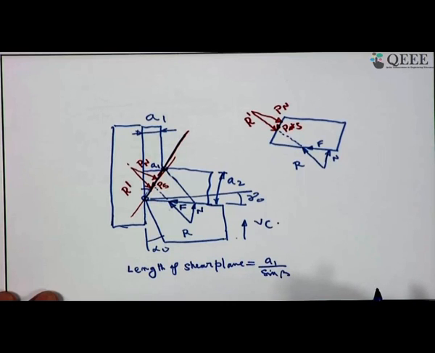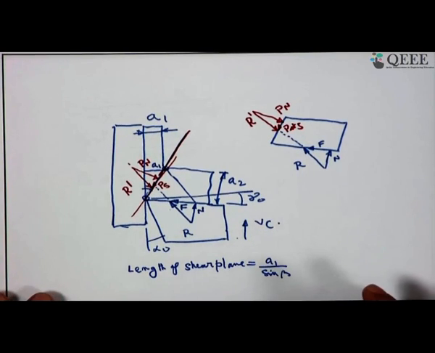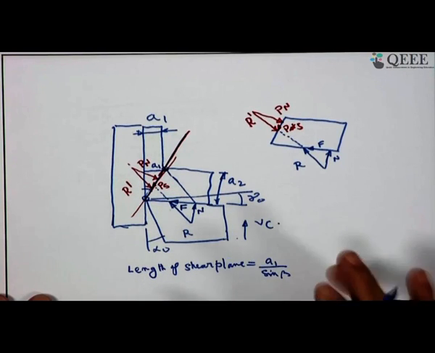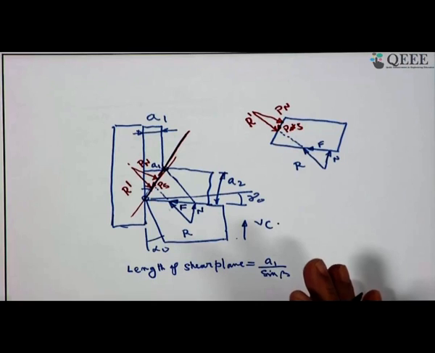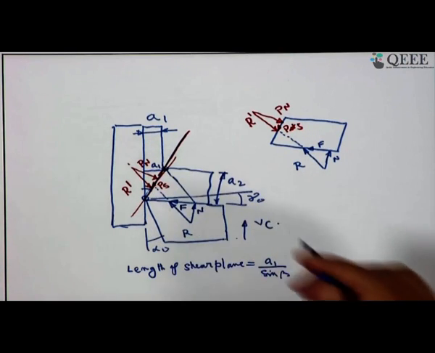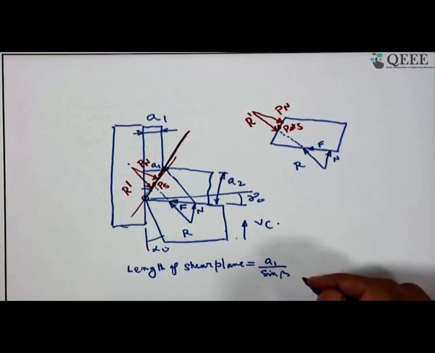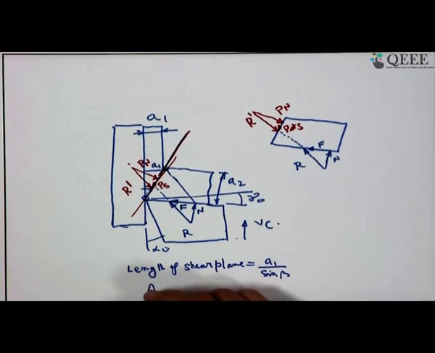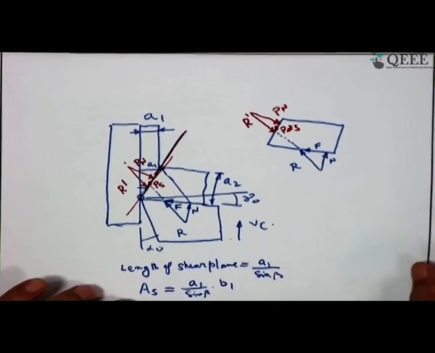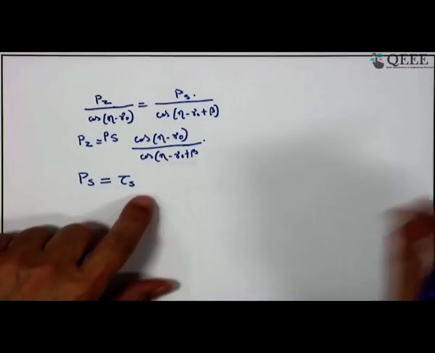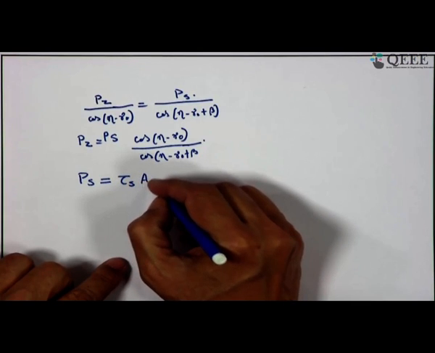So, A1 by sin beta. Now, you have to get the width of the shear plane, which happens to be B1. Of course, it is orthogonal cutting. So, we consider B1 is equal to B2. So, consider this as B1, and so the shear plane area would be the length of the shear plane into width. So, the area of the shear plane, if I put As, which means area of the shear plane, that will be A1 by sin beta into B1. Now, this area has to be brought in here, tau s into As.